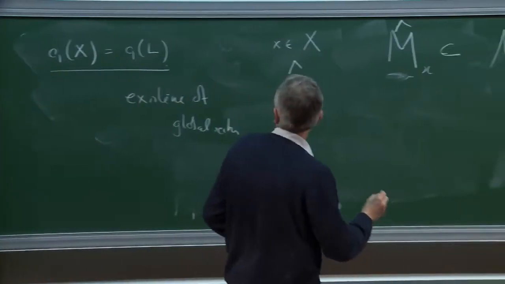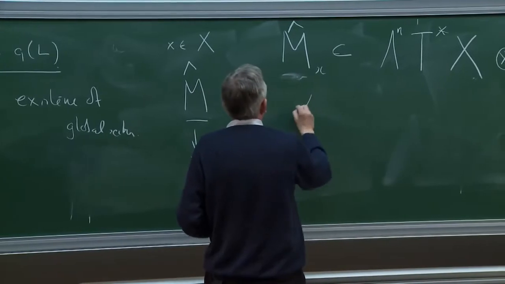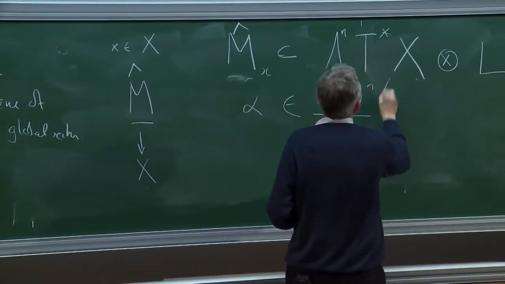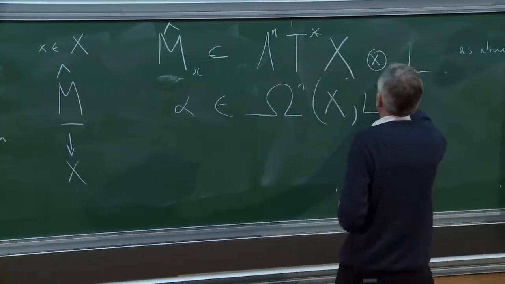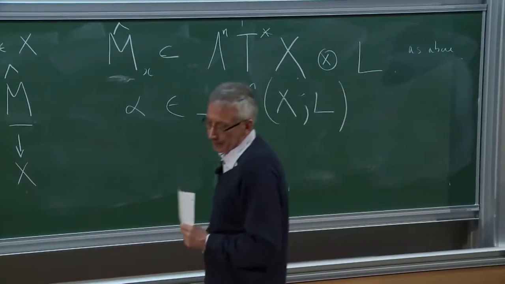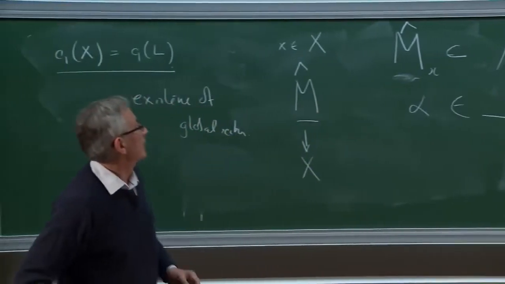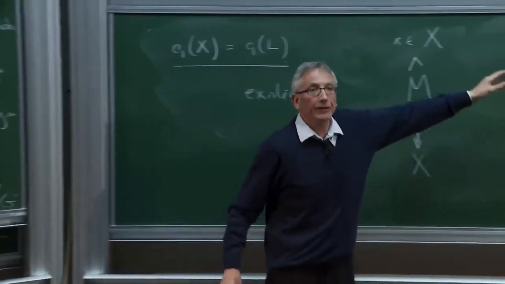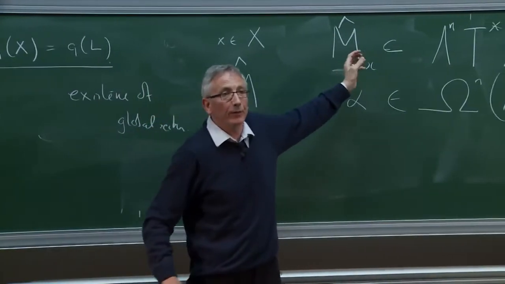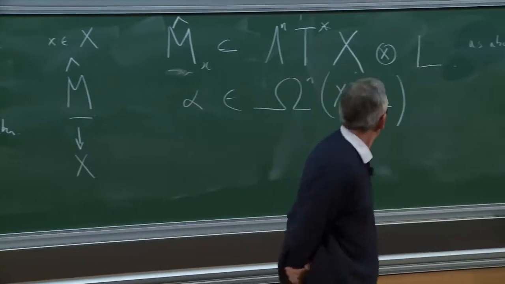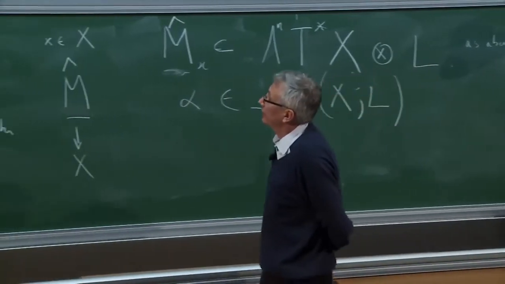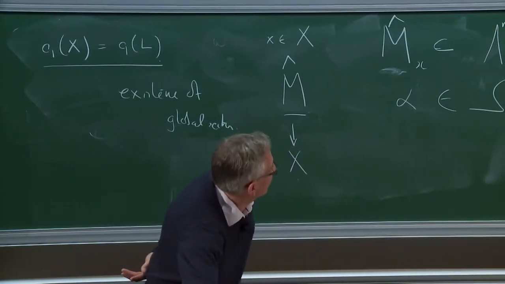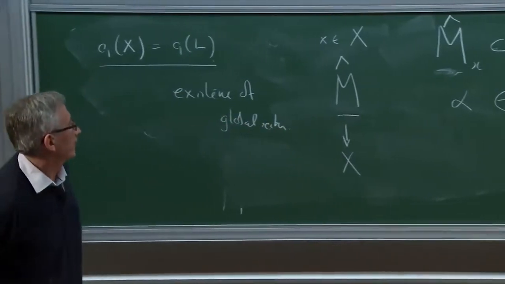Such things are going to be alpha: n-forms on X with values in this line bundle, which at each point lie inside these decomposable forms. Just topologically, there are such things. But the integrability condition fits in very simply in this way.